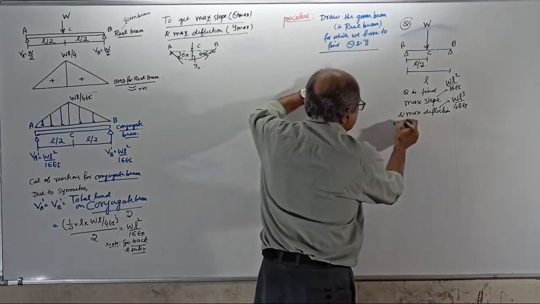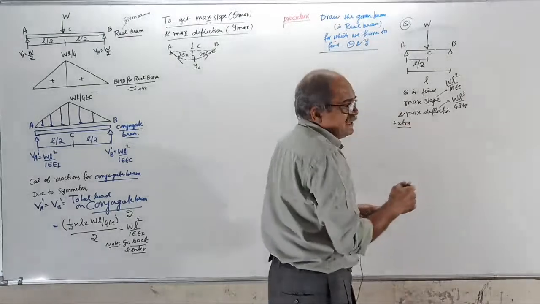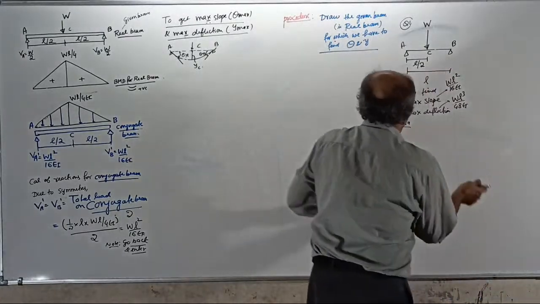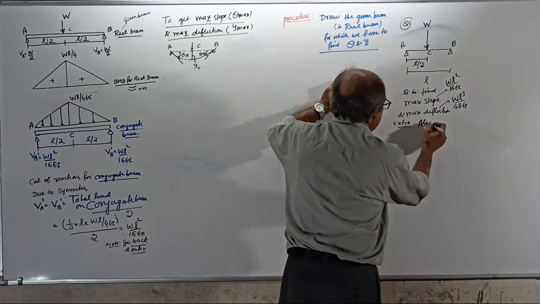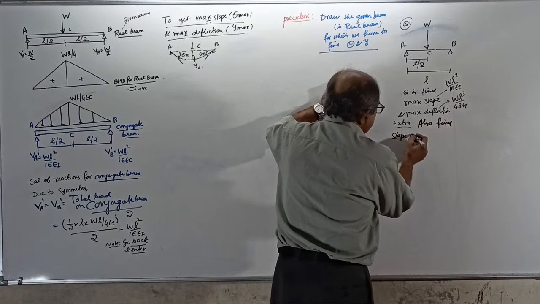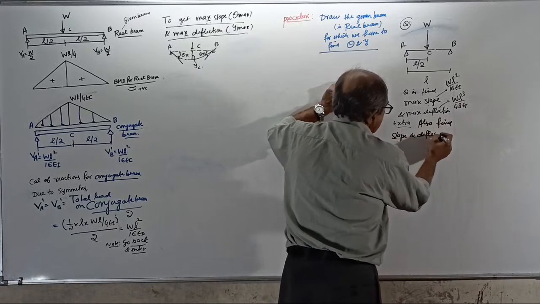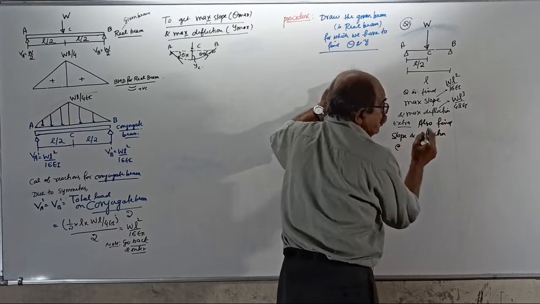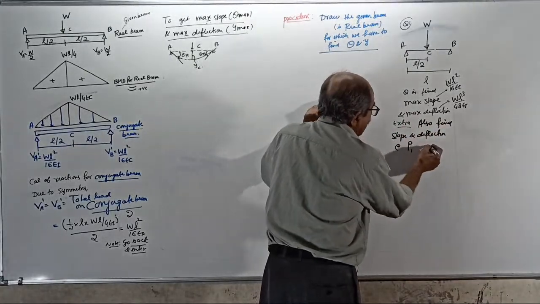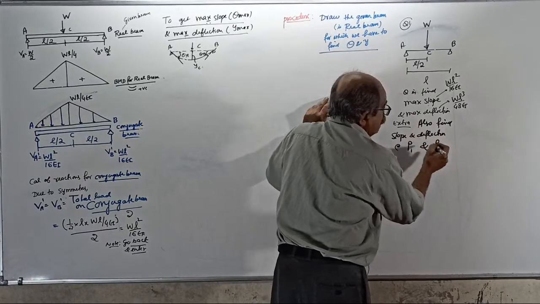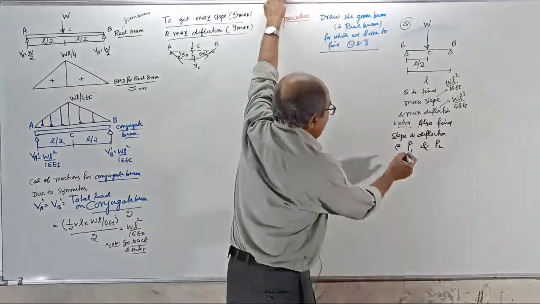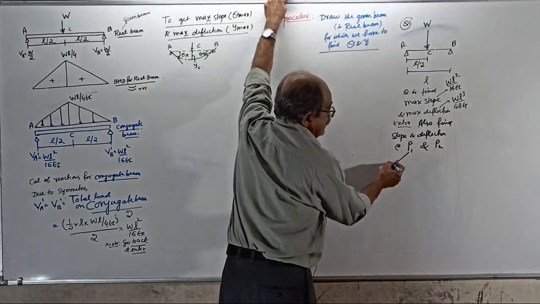Now extra, for concept. Extra will be to also find slope and deflection at two new points, a point called P1 and another point called P2. Same thing I did in the moment area method.